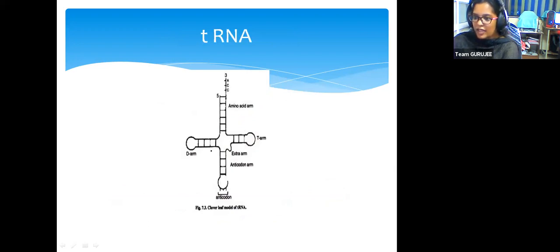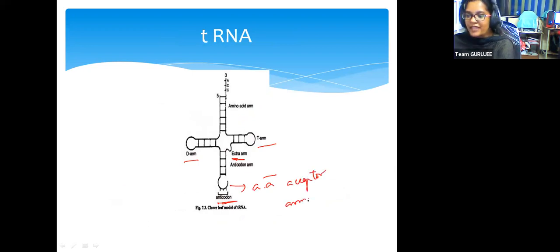It has arms: D arm, T arm, anticodon arm, extra arm. And this is called the amino acid acceptor arm. D arm, T arm, amino acid acceptor arm.